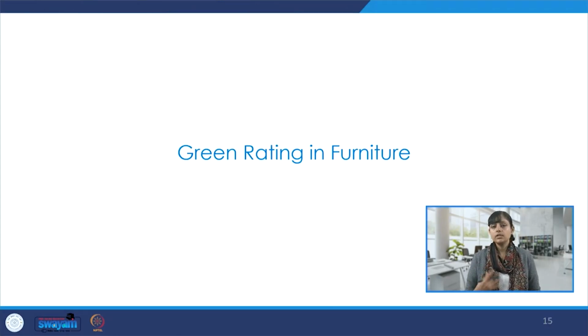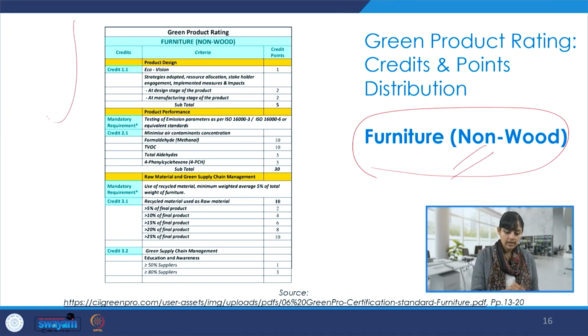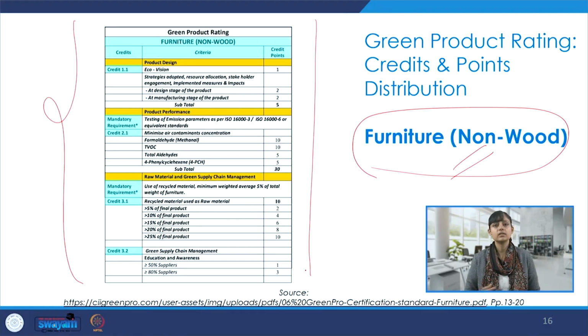And there are also green ratings for furniture, and it's very, very important because furniture forms a crucial and significant part of interior architecture products. So when we talk about furniture, let's say non-wood category, again there is green product rating, credit, and point distribution system in place, which is very systematic and has its own structure.